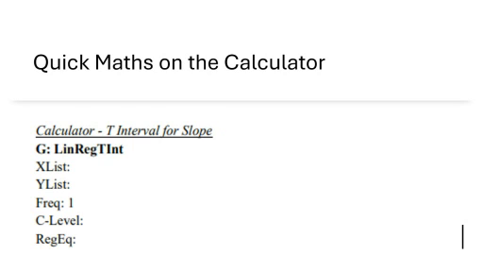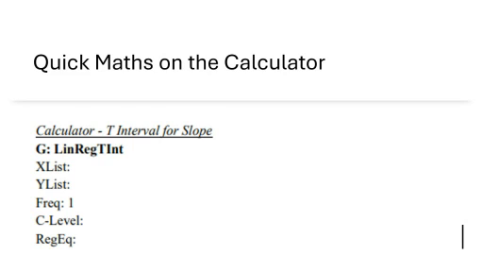The interval obviously is the one that's going to tell you the interval. So it pops up, asking for the x list, y list, frequency, the C level, and the reg equation. If you've typed in all your data into L1 and L2, X list is L1, second one. Y list is L2, second 2.